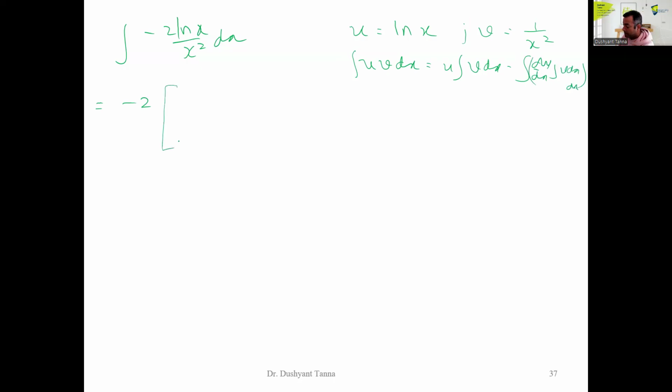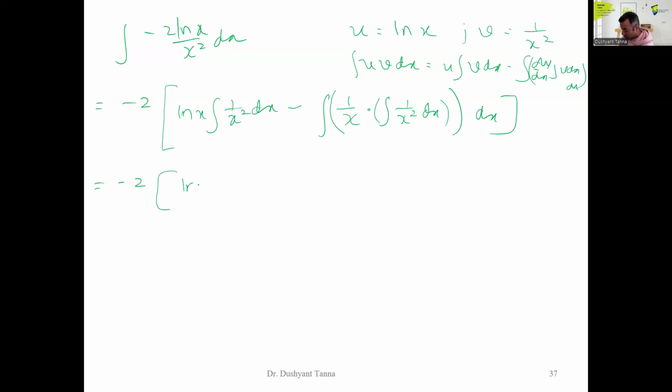So u, which is ln x, times integration of 1 on x squared dx, minus integration of du by dx. What is the differentiation of log? It is 1 on x, times integration of 1 on x squared dx, and dx here.